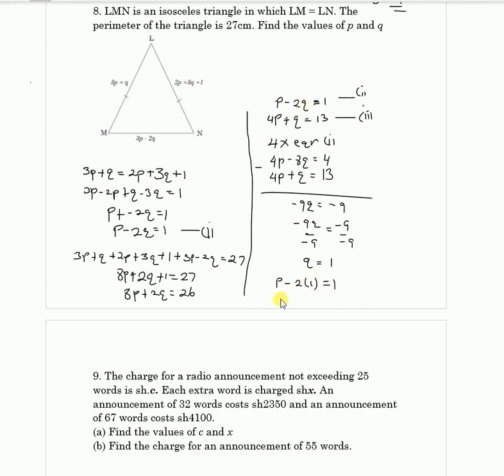So I'm substituting the Q there to get the value of P. I have that P minus 2 is equal to 1, implying that P is equal to, this 2 goes to that side and is added to the 1, so P is equal to 3. Those are the values. Q is 1, P is 3.